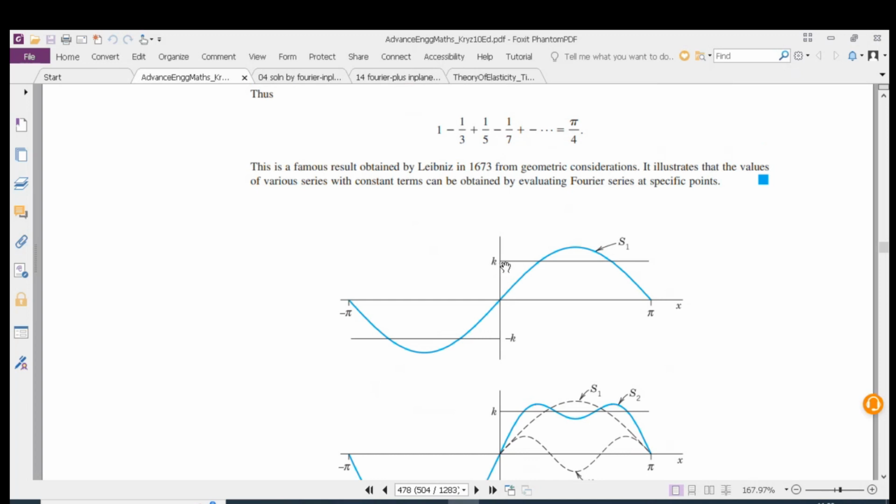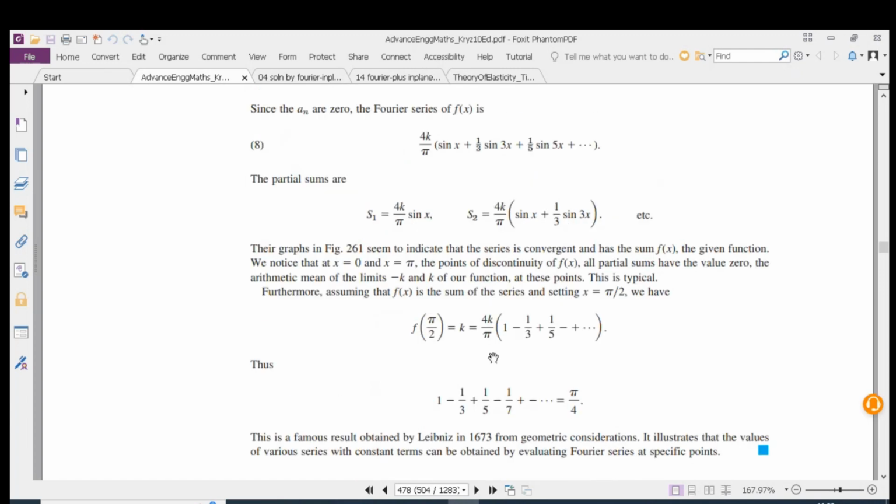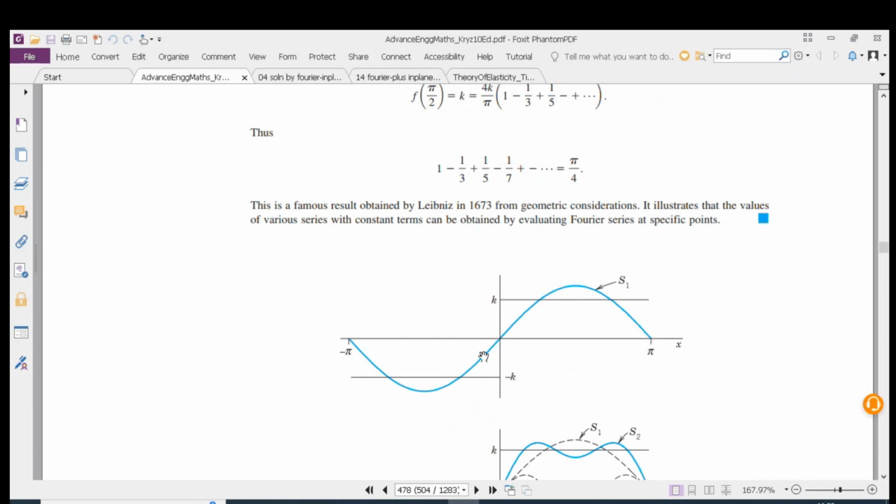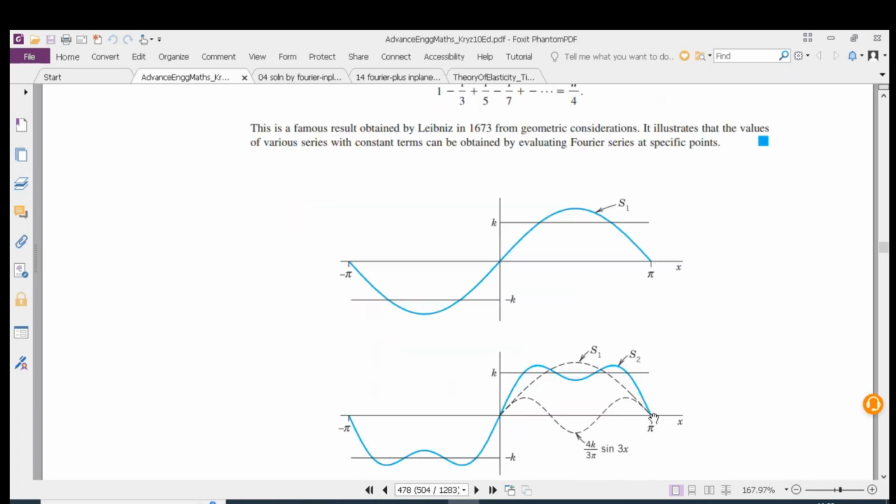So our actual function is shown over here in black, and the term S1 is shown as a sine wave. So this is a very crude approximation. The first partial sum S1 gives us a crude approximation. The second partial sum is shown in blue over here, and that clearly shows the function is now trying to tailor itself to the given function.